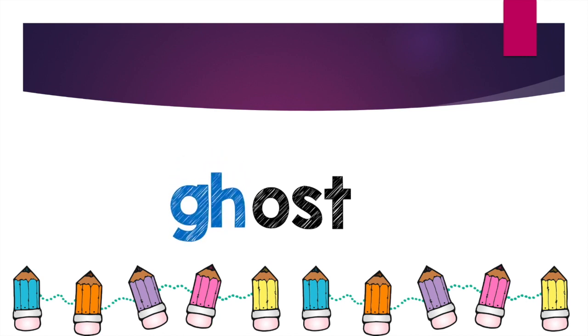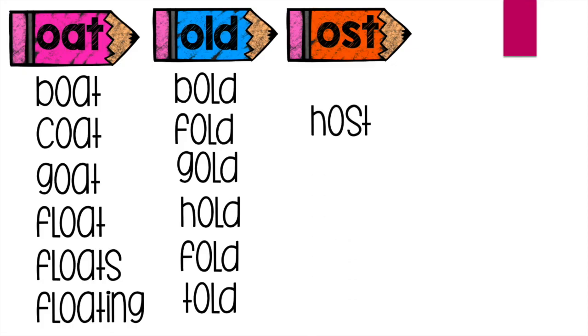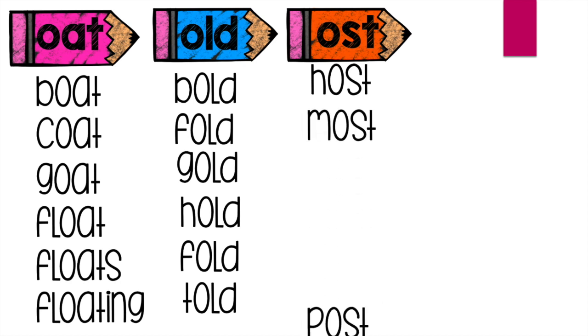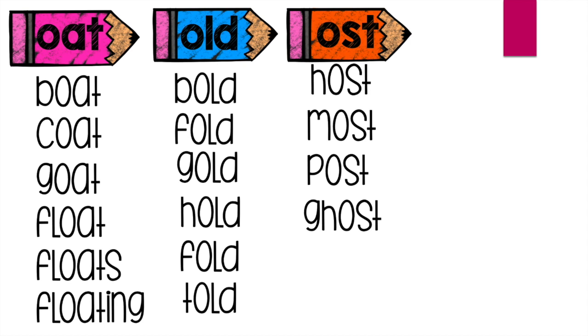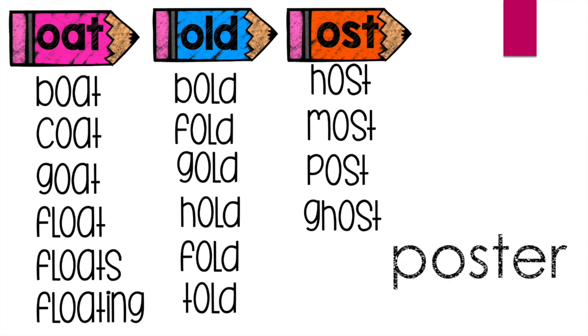That's the word ghost. Here are our words that have the OST at the end. So, because you know the OST pattern, you can read longer words that have the OST in them. So this is the word poster.